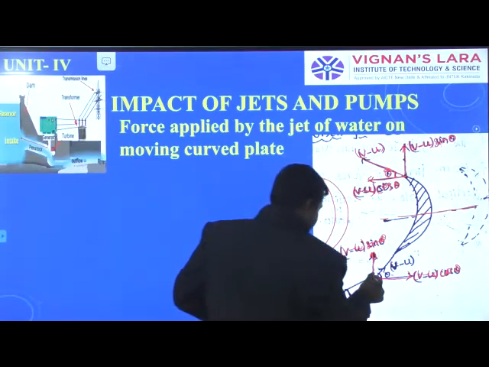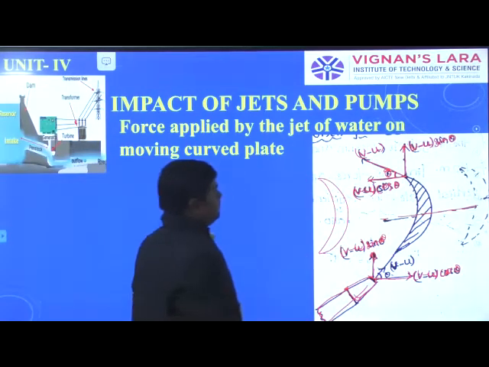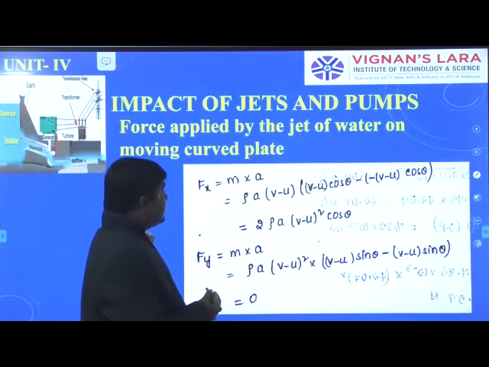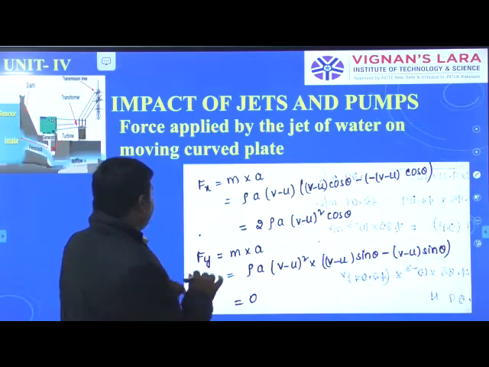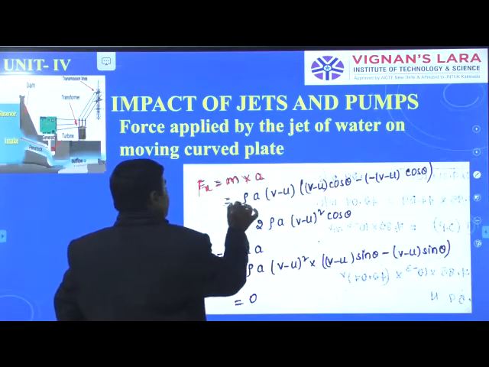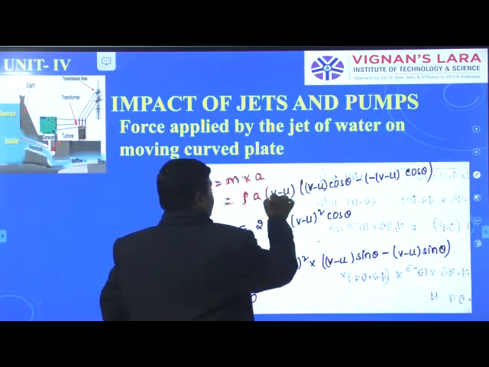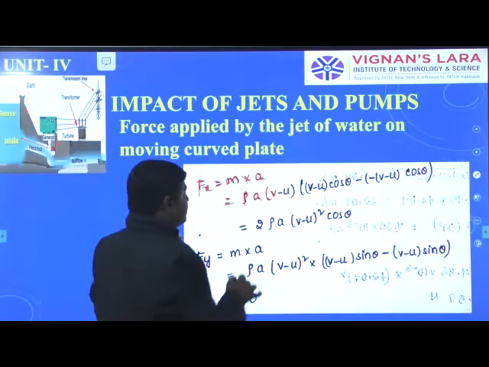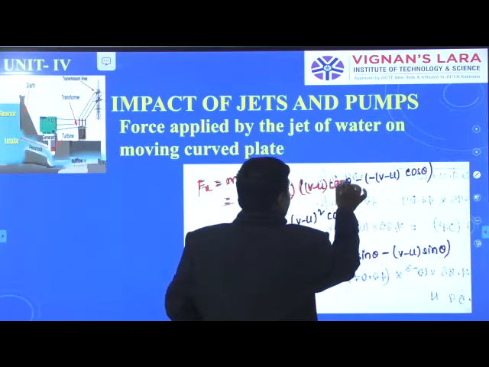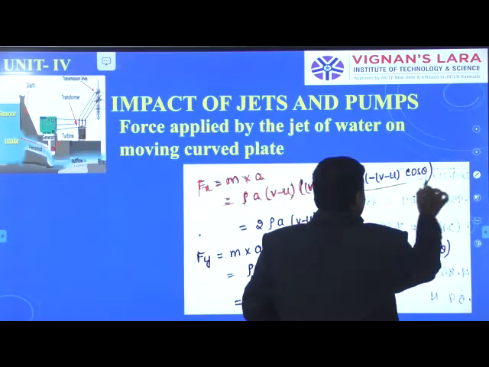So this is for the fixed vanes. And the force applied by the jet of water on the moving curved plate, that is Fx in the x direction. Mass into acceleration, so density into area into initial velocity minus final velocity: rho a into v minus u cos theta minus of minus v minus u cos theta.